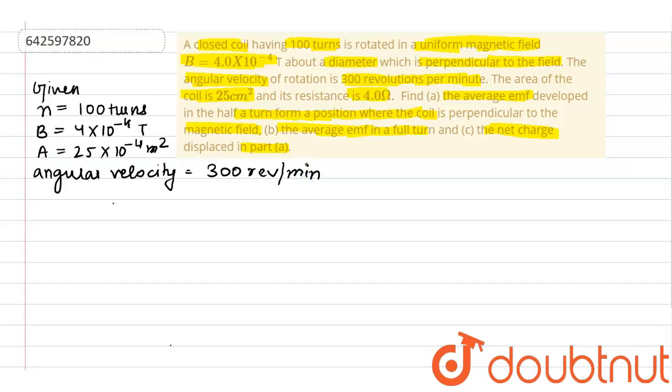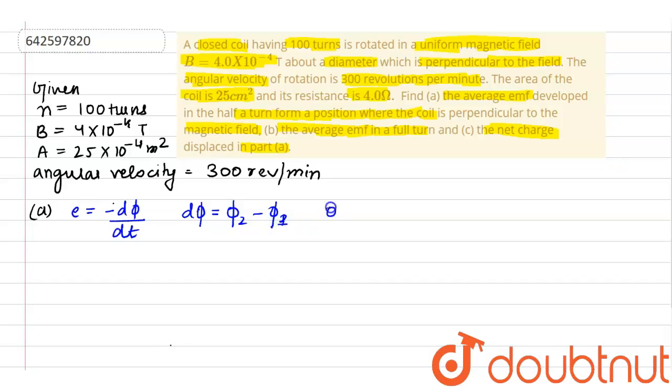To solve the question for A part, we need to calculate the average EMF. Average EMF is calculated by calculating the flux, then we calculate E. So EMF equals to minus d phi by dt. And for that, d phi is equal to phi 2 minus phi 1, the change.